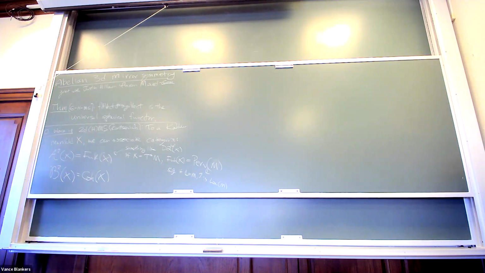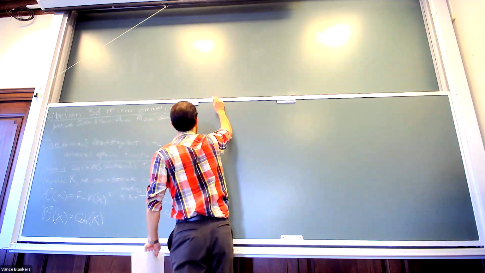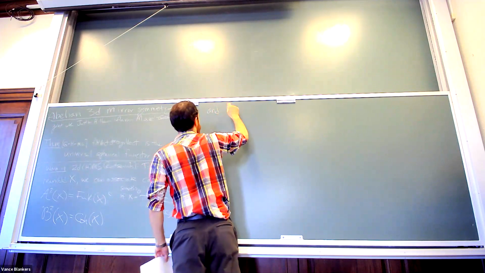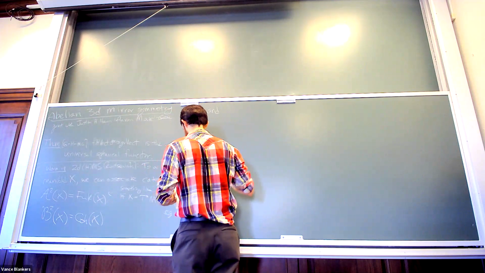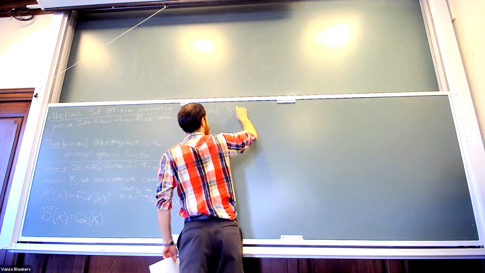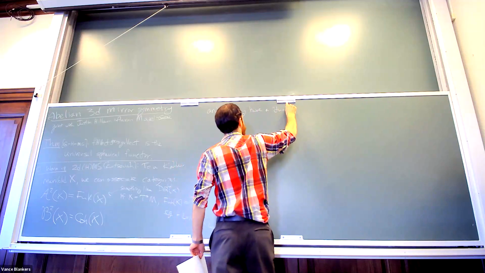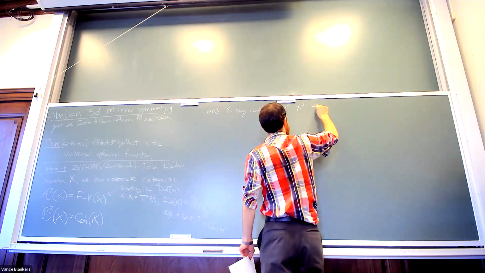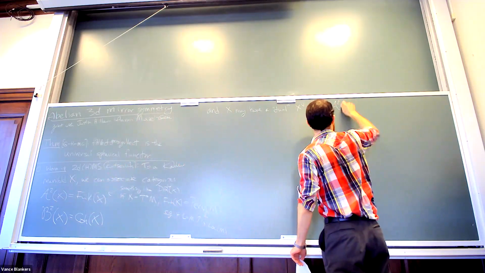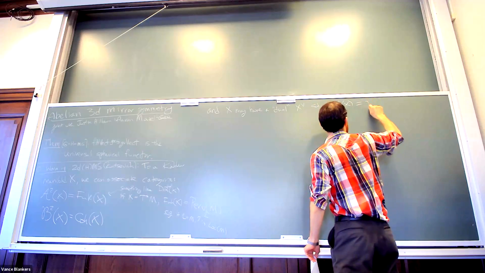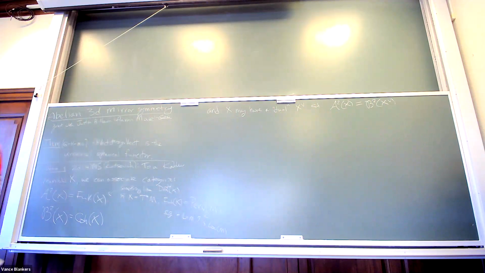The statement of 2D mirror symmetry says that these Kähler manifolds often come in dual pairs, and X may have a dual, mirror space X check, such that the one category assigned to X agrees with the other one assigned to X check. So that's the statement of 2D mirror symmetry.